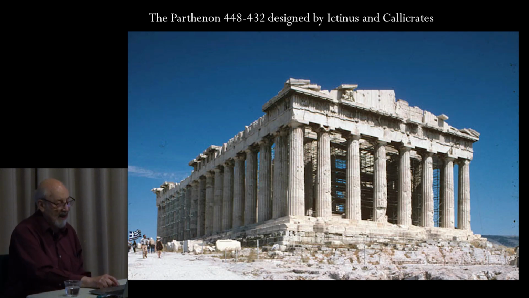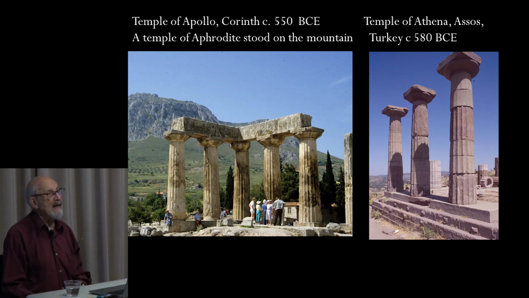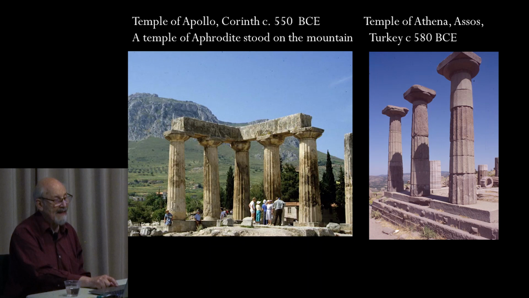And we saw also how Greek architecture evolved from early proportions, of which here you see a couple of examples, to the refinement and magnificence of the Parthenon of Athens.